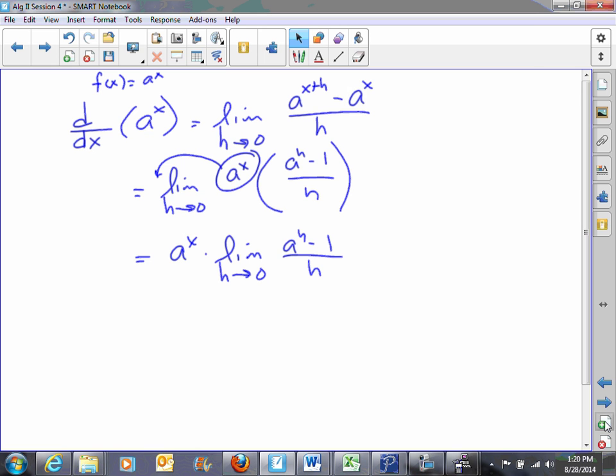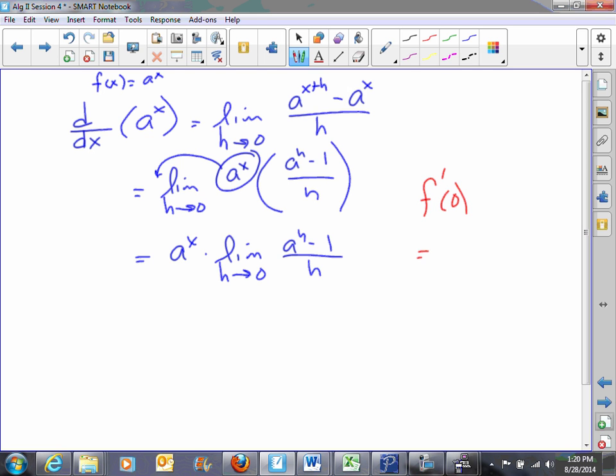Now the next thing we notice is that if we wanted to know the derivative of a to the x when x is 0, then we would put 0 in for x, and let's just call this f prime of 0.